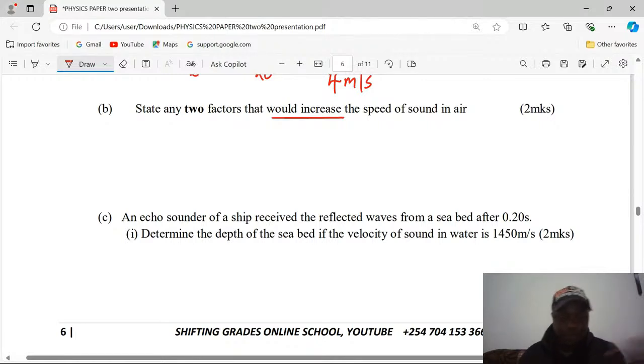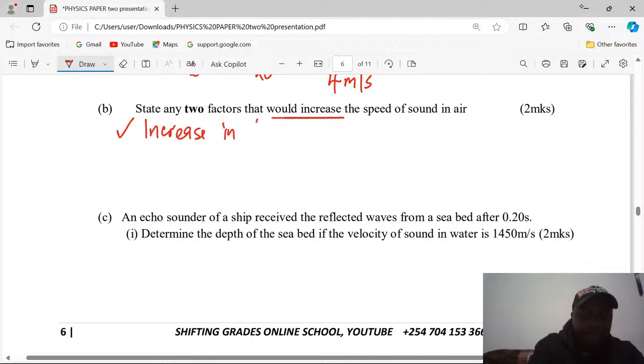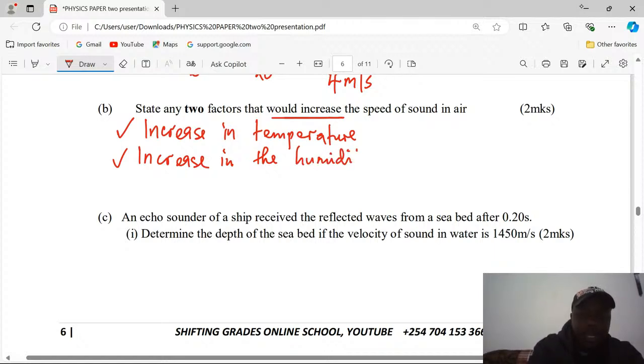So to increase the speed, we need an increase in the temperature of the air. We also need an increase in the humidity of the air.